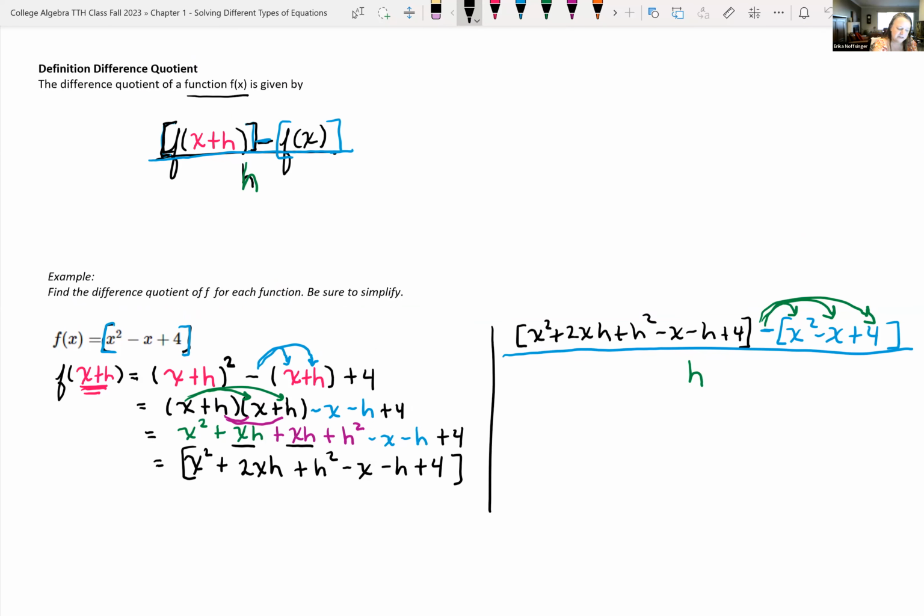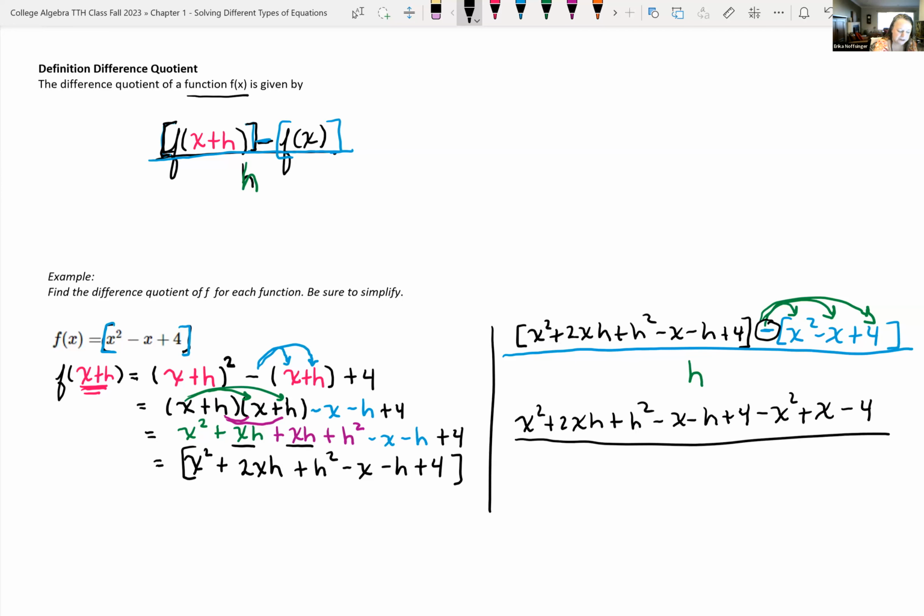So let's bring down the first piece. We don't need those brackets. We have x squared plus 2xh plus h squared minus x minus h plus 4. Distributing this negative, I get minus x squared plus x minus 4 all over h.